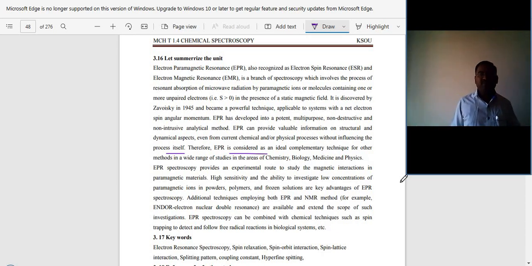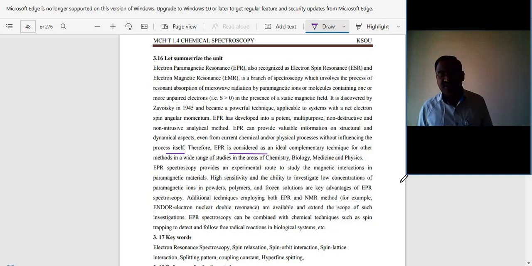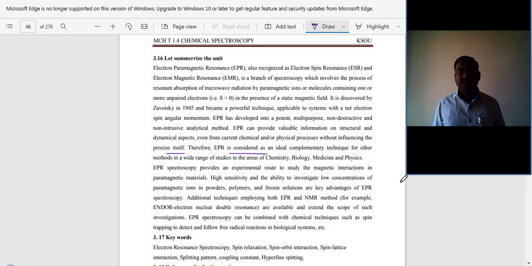EPR spectroscopy provides an experimental route to study the magnetic interactions in paramagnetic materials. High sensitivity and the ability to investigate low concentrations of paramagnetic ions in powders, polymers and frozen solutions are key advantages of EPR spectroscopy.